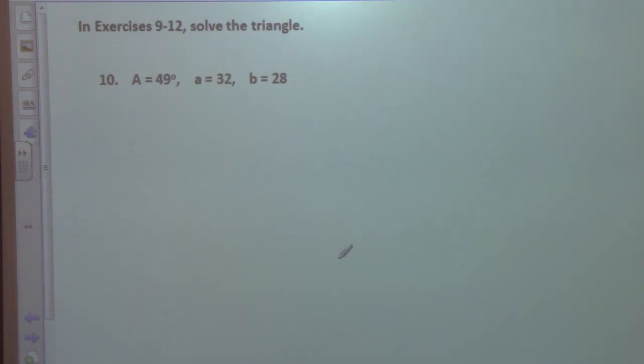So what I want to do today, we don't have a whole lot of time left. I want to choose somebody for number 10, and then we'll get ready to finish this up tomorrow, and then go into law of cosines starting tomorrow, which this leads into.